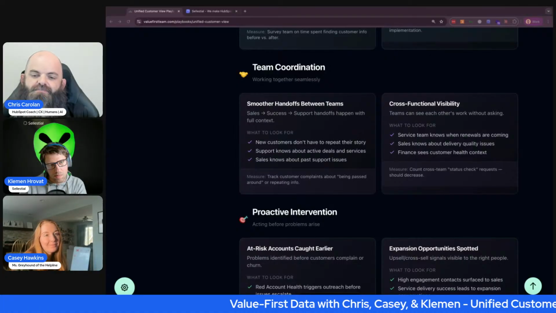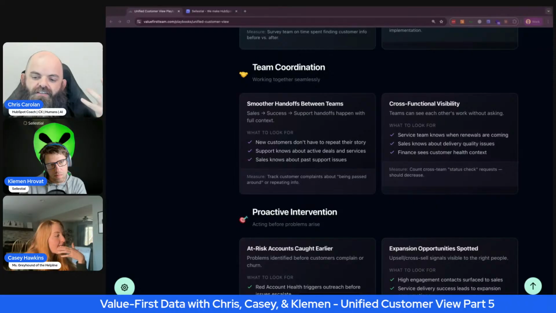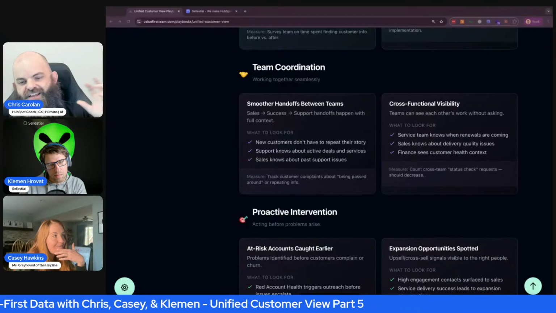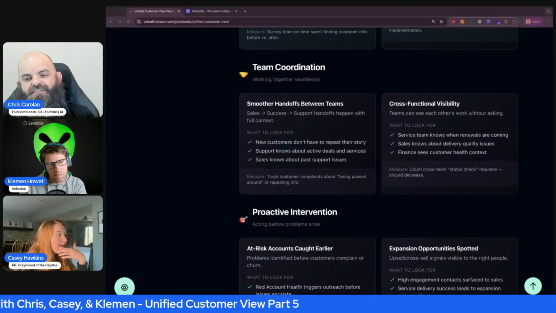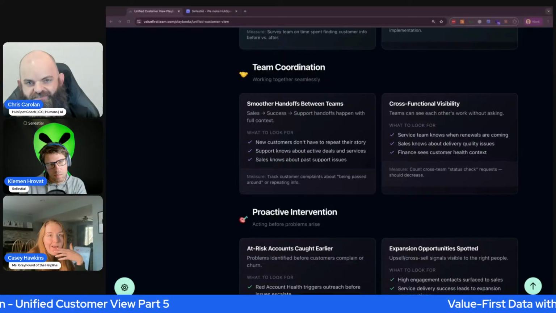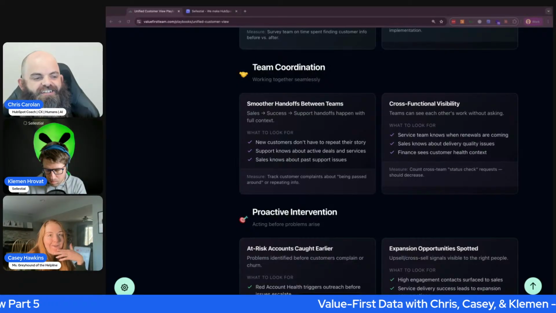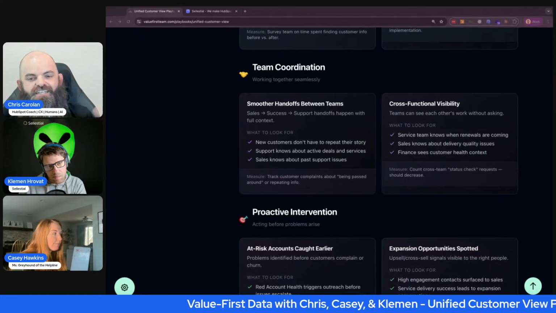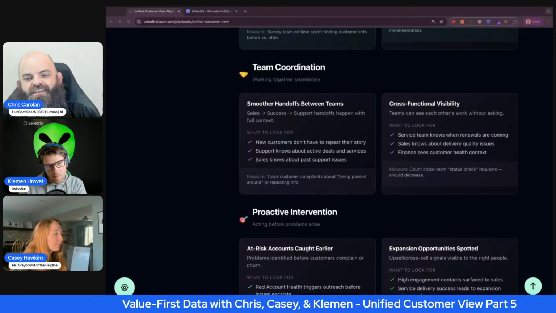And this is why it's so important for me to say that unified customer view is an outcome that can be achieved by HubSpot, but you cannot explain it from a HubSpot perspective of the tool or the platform. Just yesterday, I was on a call with a client. We want to integrate with a ticketing system.